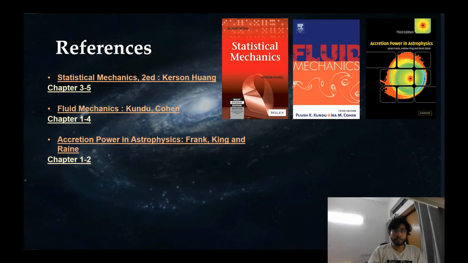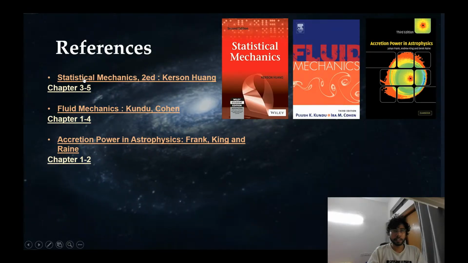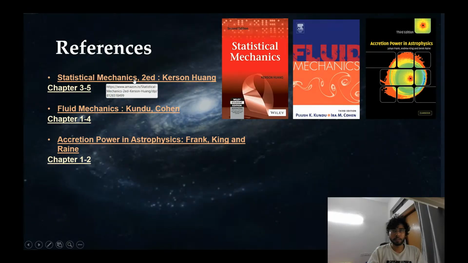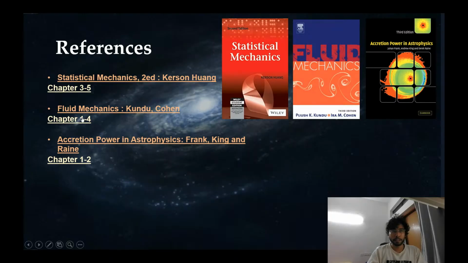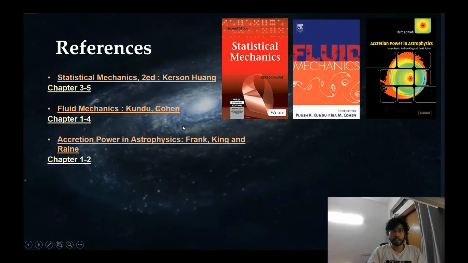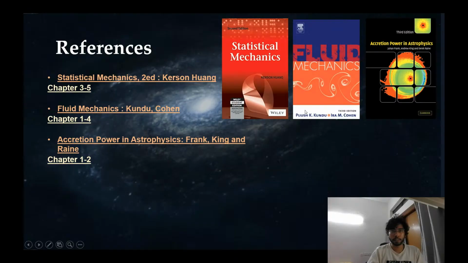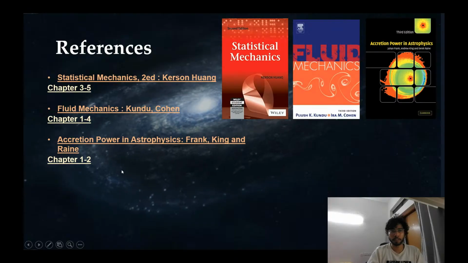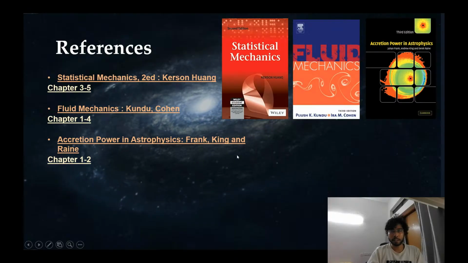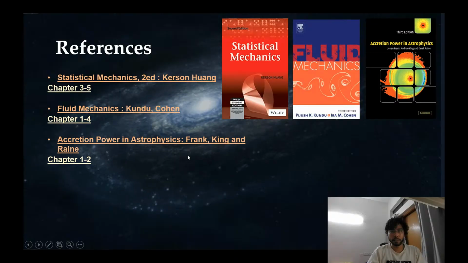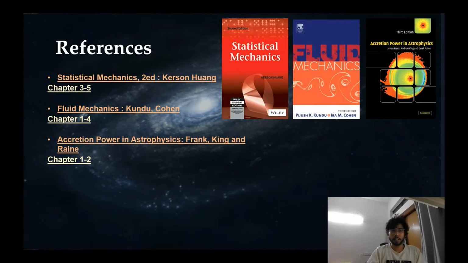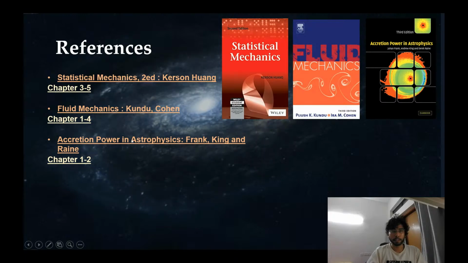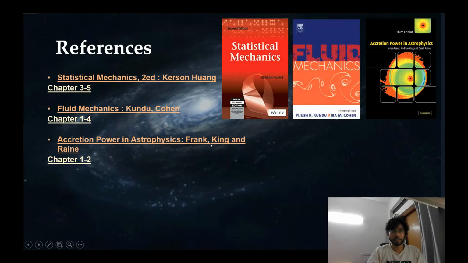For reference, I already mentioned this book for the Boltzmann equation and those derivations. For fluid mechanics basics, you can go through this book, chapters 1 to 4. For the accretion part, whatever we discussed on Bondi flow and accretion disks, a very standard book is Accretion Power in Astrophysics by Frank, King and Raine.